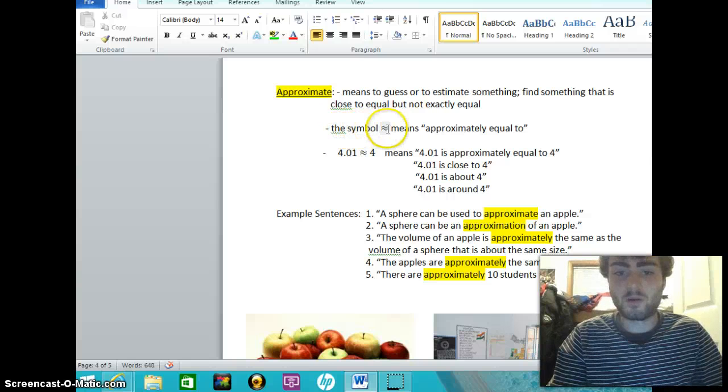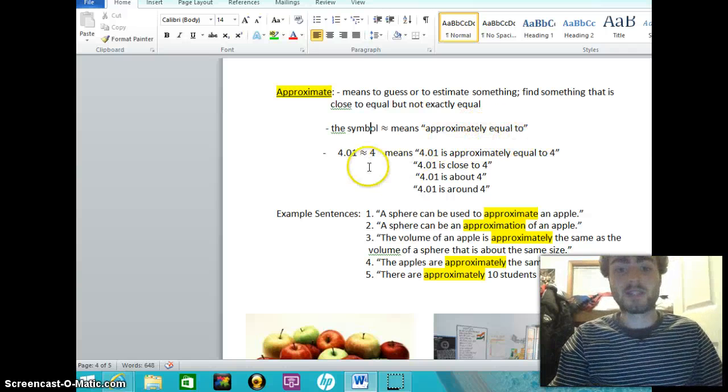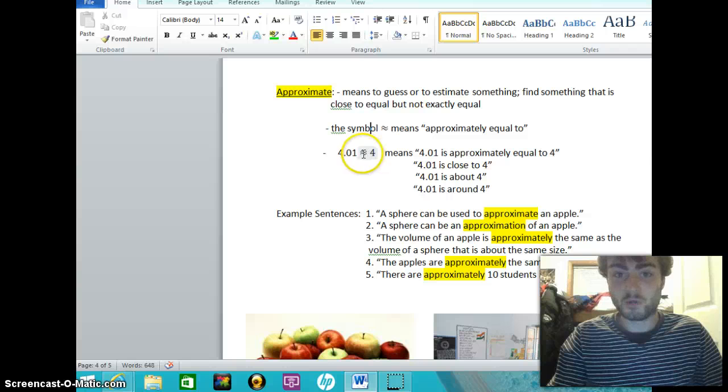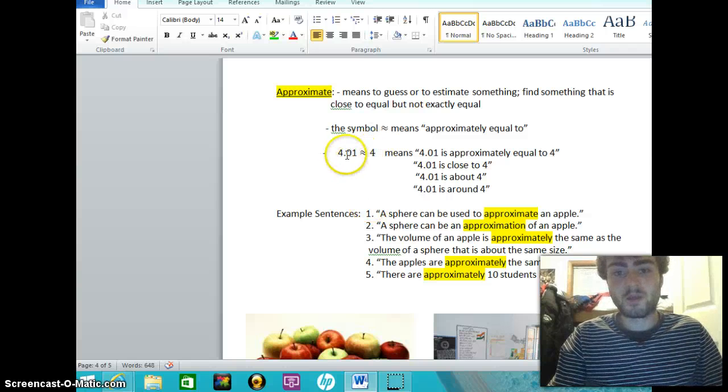This symbol means approximately equal to. So for example, you could say 4.01 is approximately equal to 4.